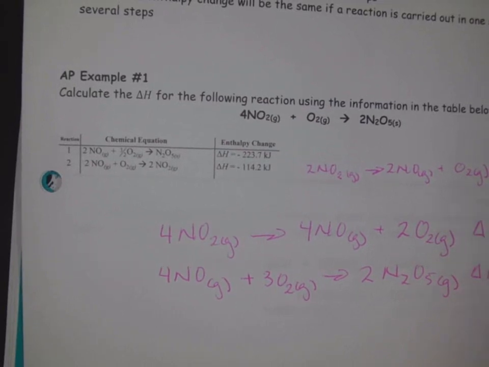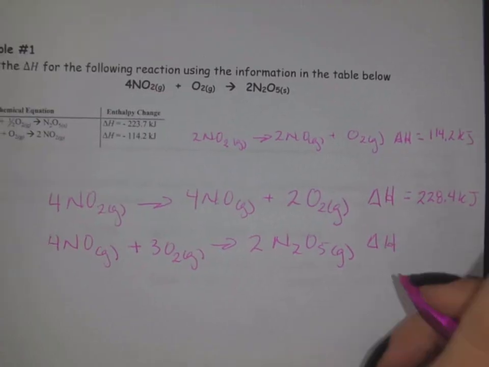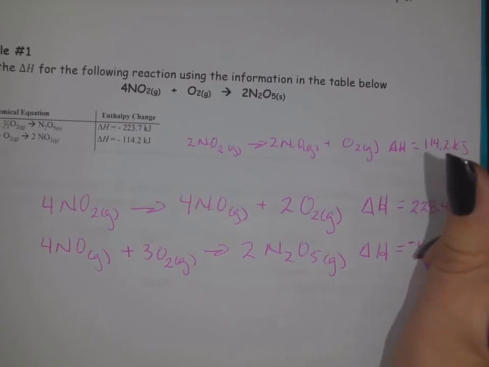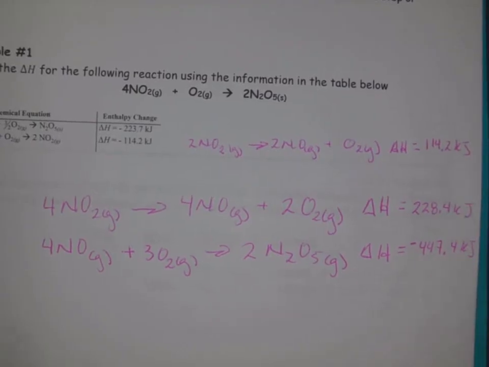And I doubled this reaction, so I need to double my delta H. And so this negative 223.7 is going to be negative 447.4 kilojoules.